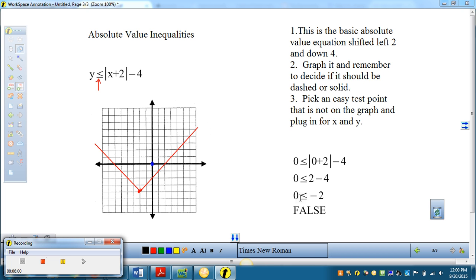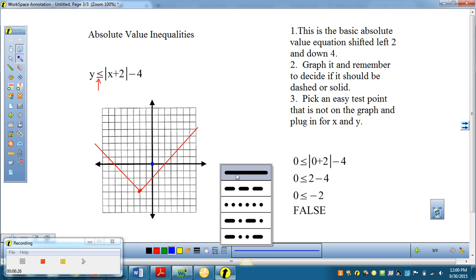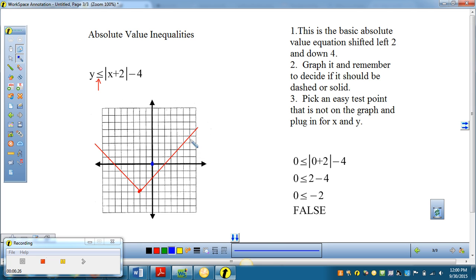Minus 4 is negative 2. So it says 0 is less than or equal to negative 2. Well, 0 is not less than negative 2. It is not equal to negative 2, so this is a false statement. So the side that has the 0, 0 on it is our false side. That means we have to shade the side of this equation that does not have 0, 0 on it. So we're going to shade below, like this.